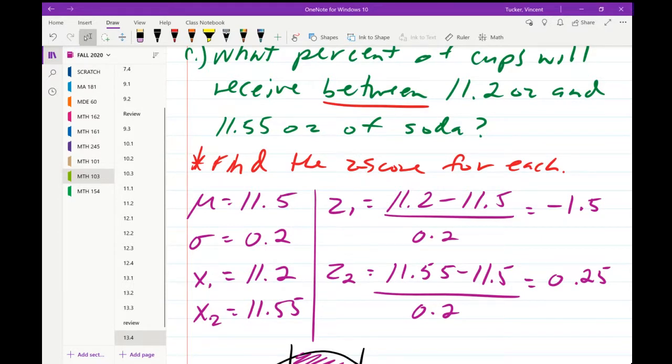The second z-score, for 11.55, gives us 0.25.